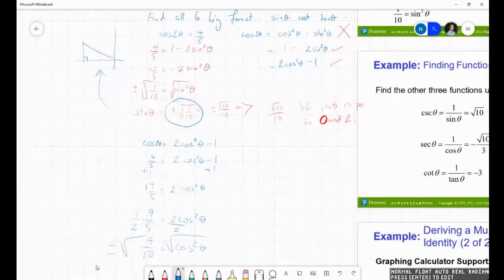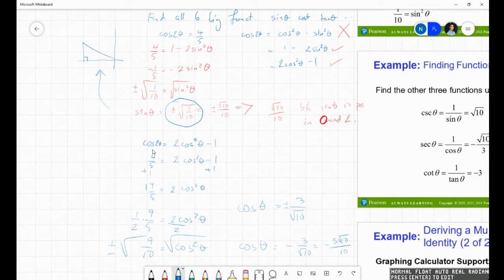Square root both sides, don't forget plus or minus. So cosine of theta is equal to square root of 9, which is just 3, over square root of 10, plus or minus. Now, since we're in quadrant 2, cosine of theta is negative. So cosine of theta is negative 3 over square root of 10. We can rationalize that.